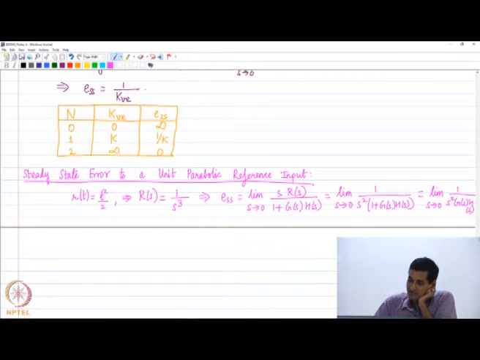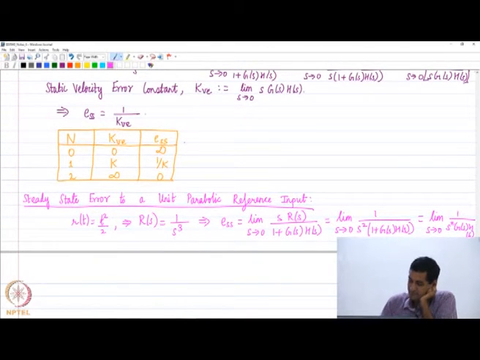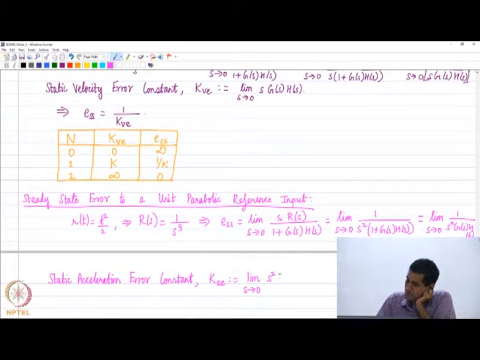So similarly, just like what we did above, we define what is called the static acceleration error constant, which is defined as KAE is limit s tending to 0 of s squared g of s h of s.